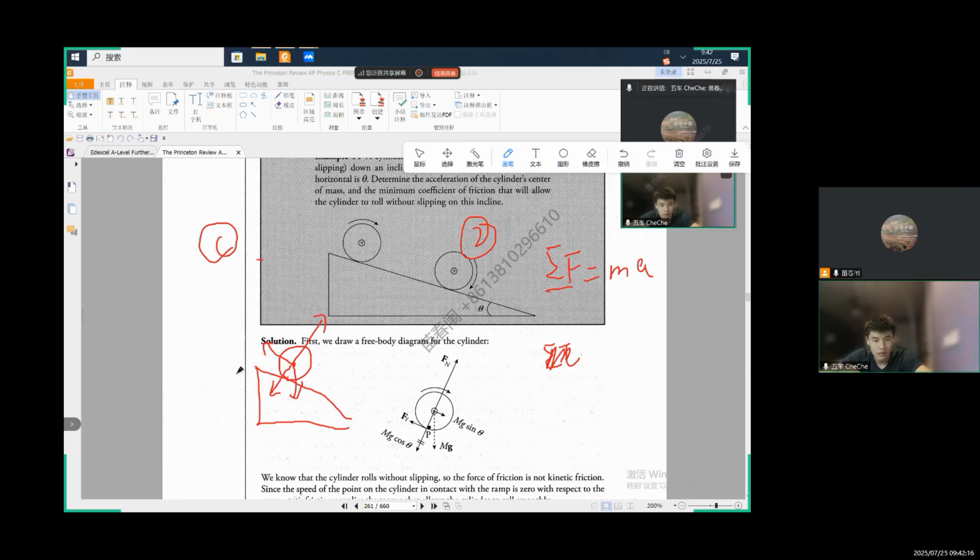So mg cos theta is my normal force, my gravity's component in here. Does that make sense? mg cos theta, yes. So in the same spirit, this is also mg cos theta.